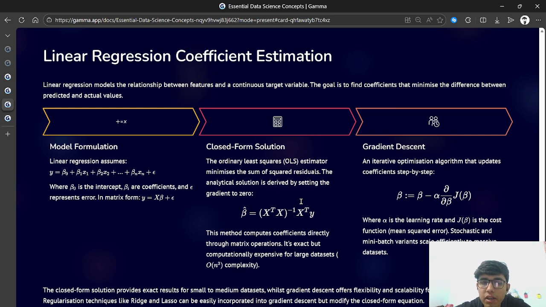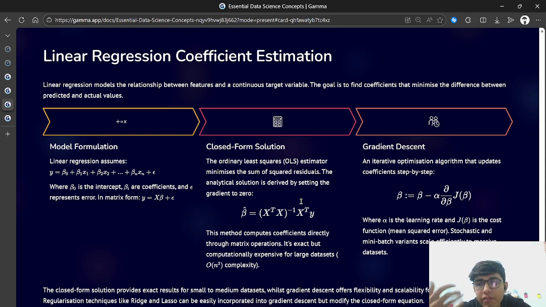So the update rule is that beta is updated to beta minus alpha times the derivative of the cost function with respect to beta, where J of beta is basically the cost function, usually the mean squared error, and alpha is the learning rate controlling how large each update is.